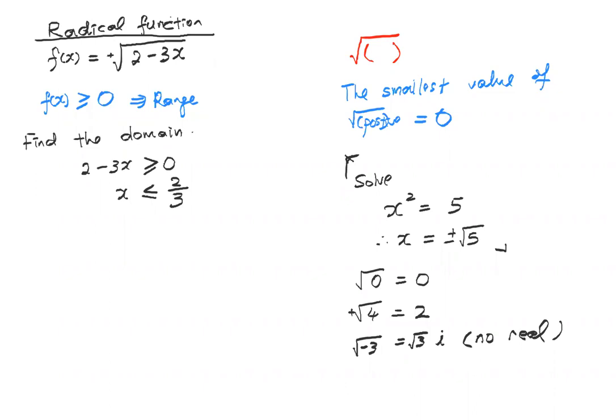So there is no vertical asymptote because it can be equal. Correct? So therefore, the domain is equal to x, x is a member of real numbers, and x must be less than or equal to 2/3.